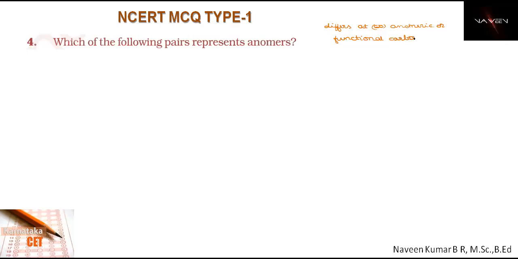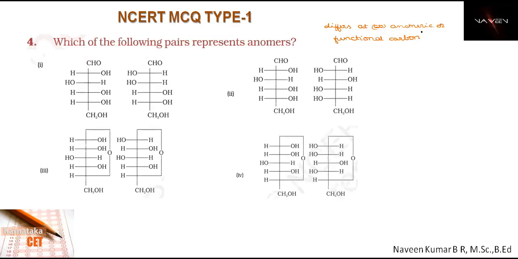Apart from that, all the configuration will be similar. Such isomers, where the difference lies only at the functional carbon or anomeric carbon, are said to be anomers.